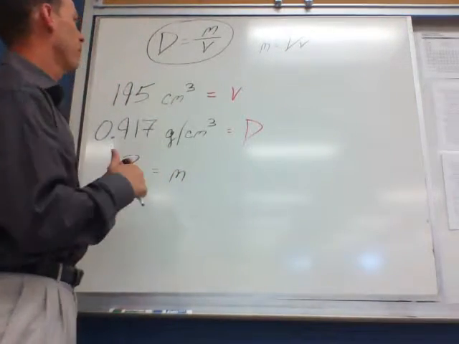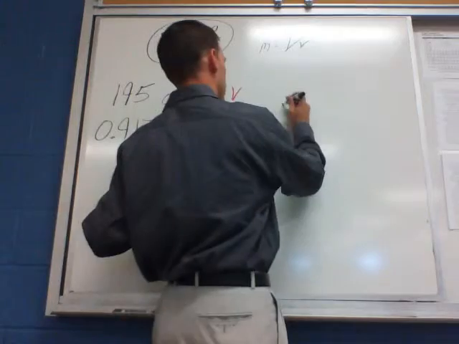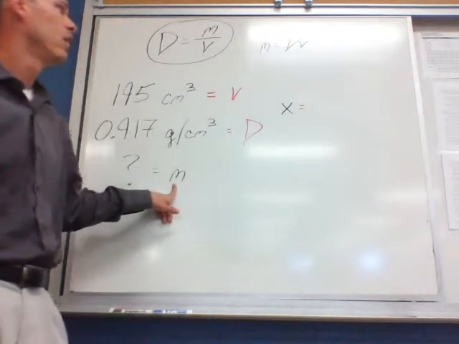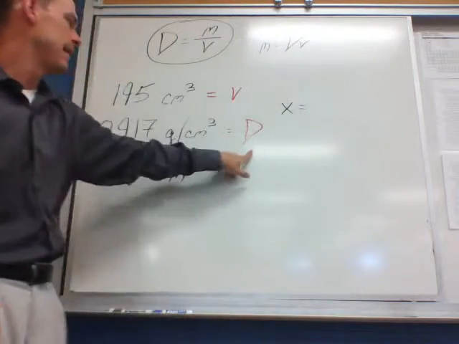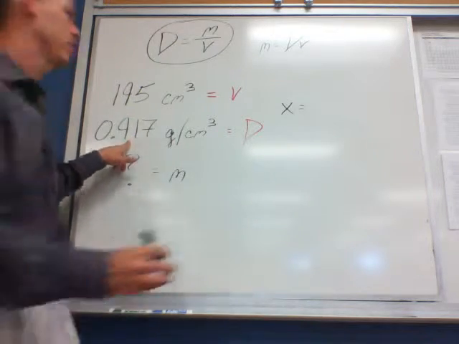So plug and chug now. All right, m equals, I like to go to x, you don't have to. Density, my density was 0.917.